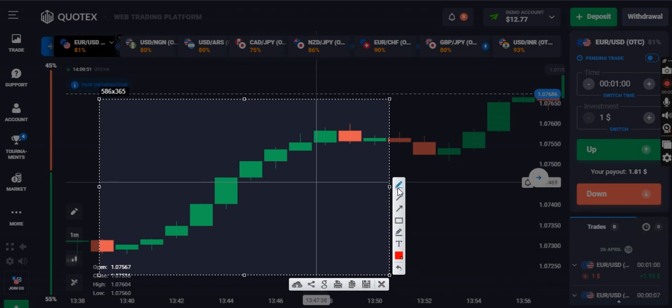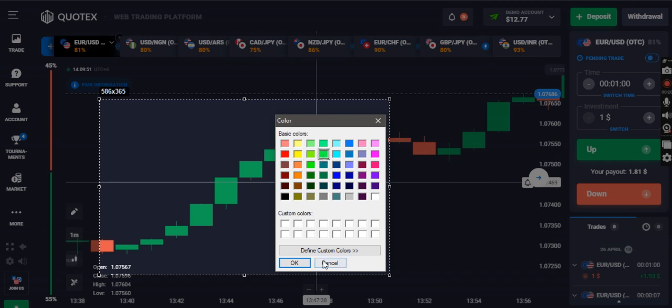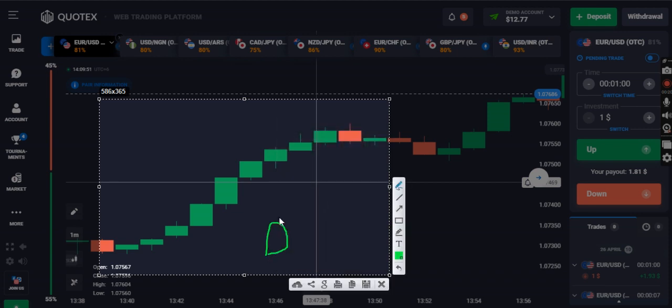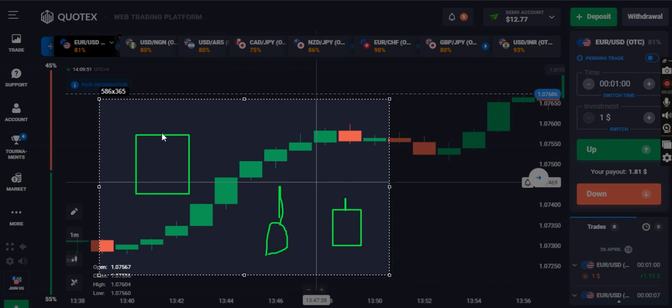When you get this level, like a bullish candle, yes, it's a bullish candle. So when you see a strong bullish candle, after it closes, the next candle will come.